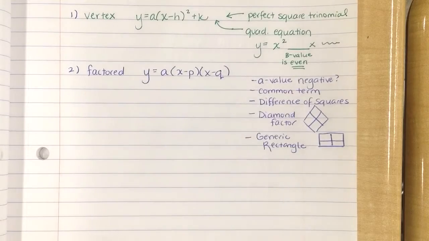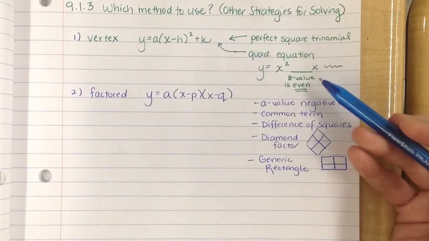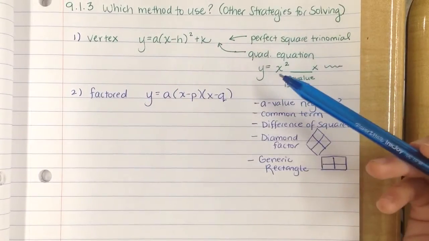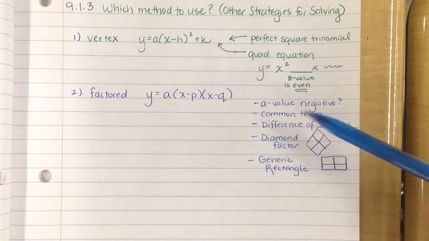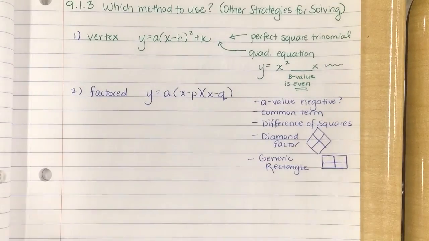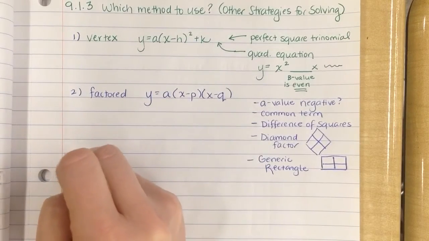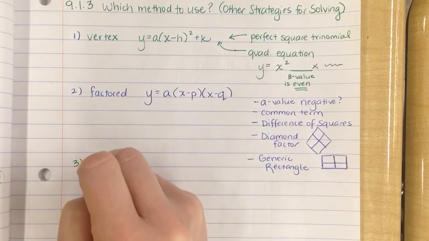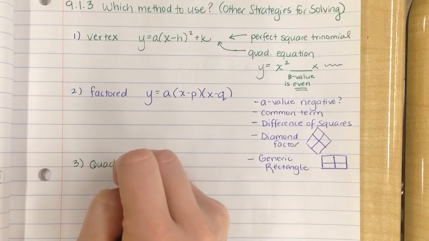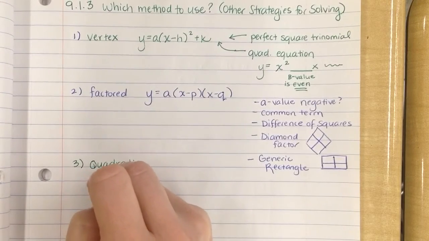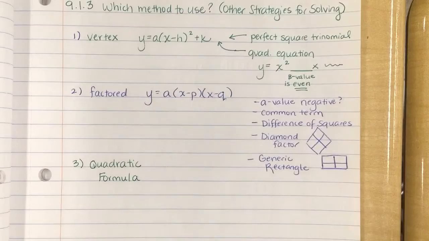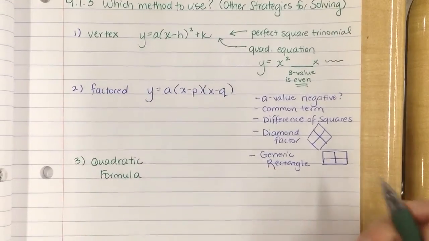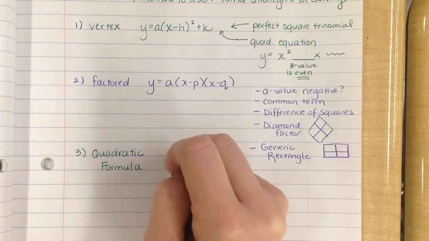Now, if both of these methods fail, if we can't do vertex form because it doesn't meet these qualifications, and if we can't factor it because it doesn't meet these qualifications, well, then we're stuck with our third method, which really is the best, because we get to do all the math, which is the quadratic formula. x is equal to negative b plus or minus the square root of b squared minus 4ac, all over 2a.